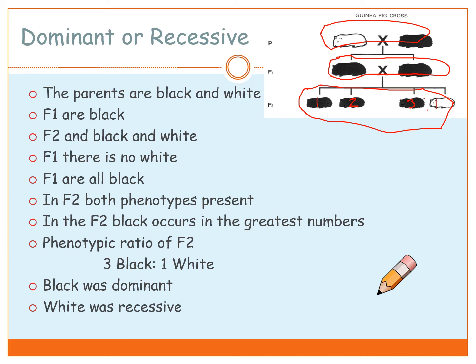Dominance means that there's more of something, so black is dominant and white is recessive because there's less of it. So let's look at the terms dominant and recessive in more detail. Well done if you managed to get any of them correct.